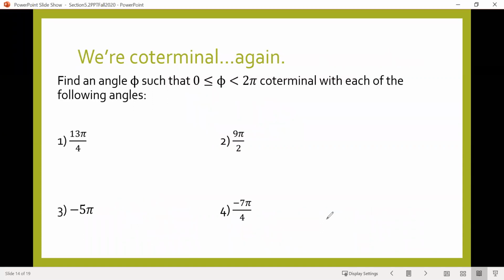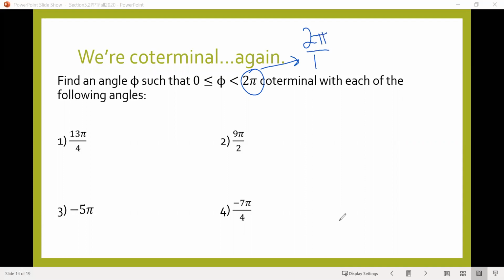Okay, let's talk about coterminal angles now with radians. And here we're asked to find angle phi such that phi is between 0 and 2 pi. It's coterminal with each of the given angles. And one thing we can check, if we convert 2 pi here into degrees, we'll use our conversion factor.